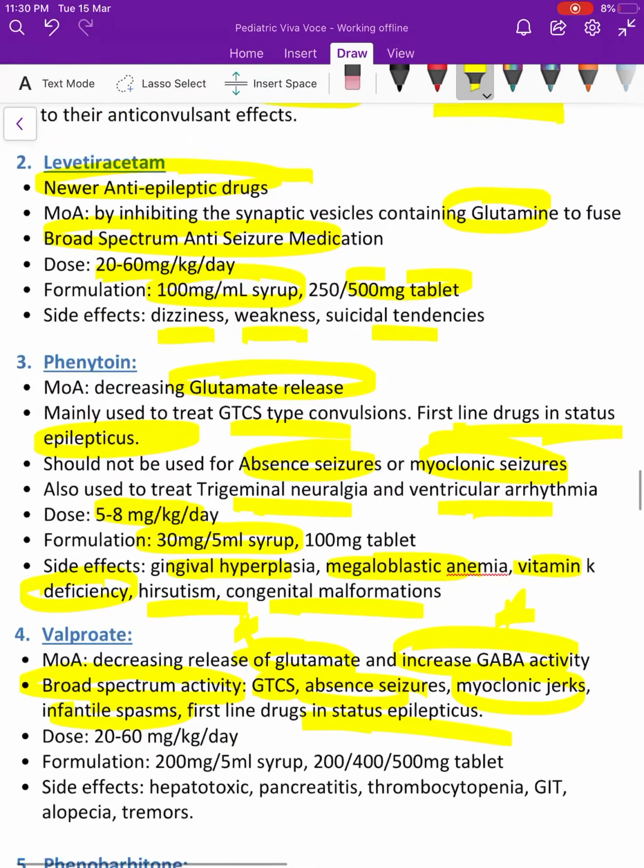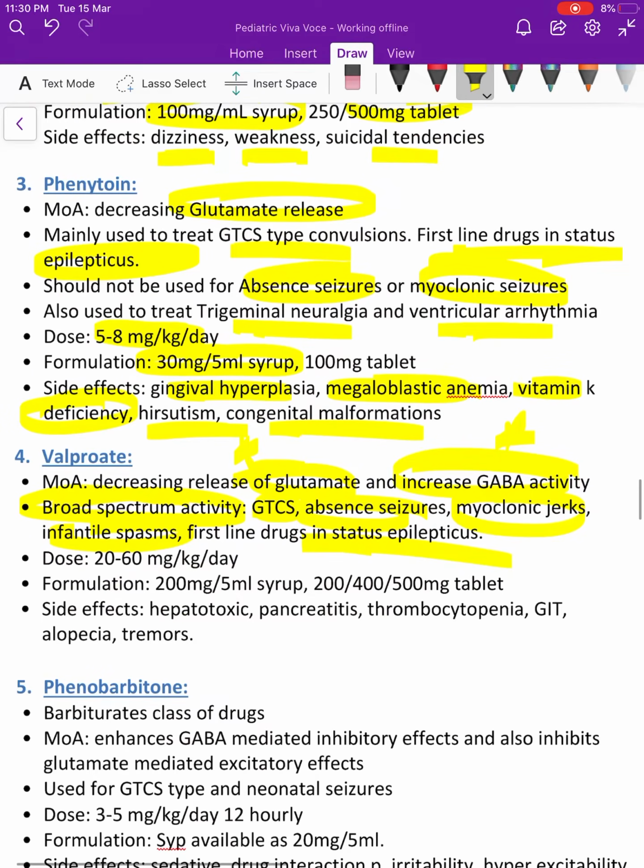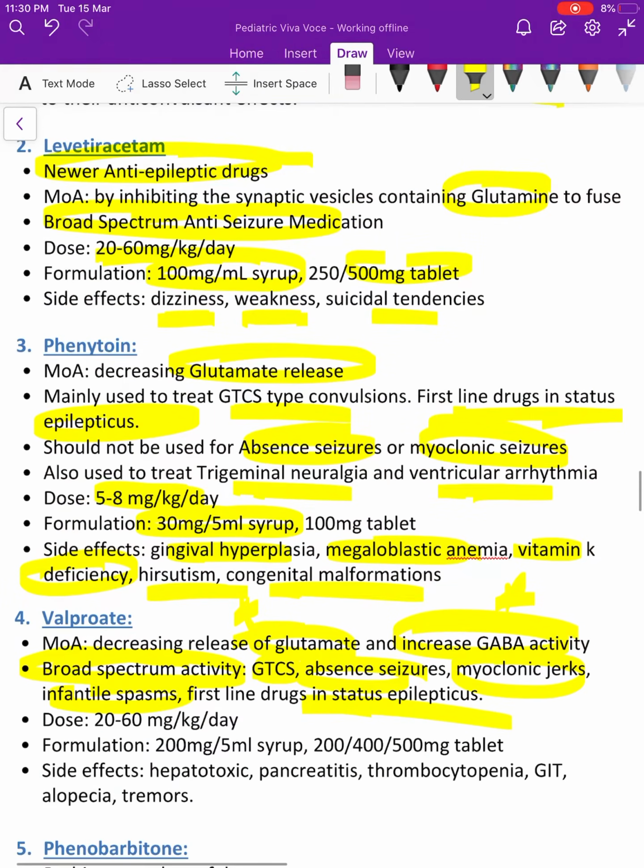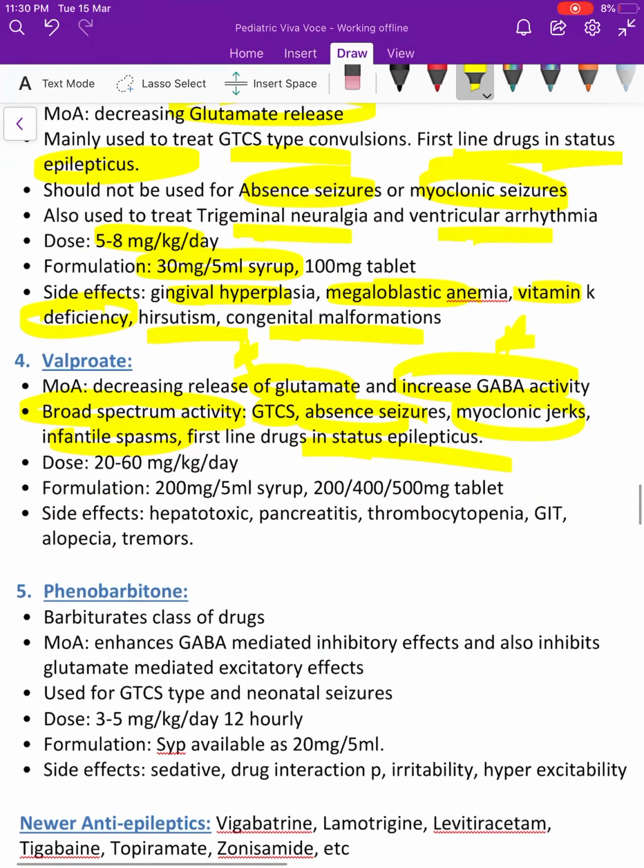Valproate and Levipil dosage will remain the same, and phenytoin and phenobarbitone dosage will remain the same. So an easier way to remember is that. Valproate will be the same as Levipil, 20 mg per kg per day. It is available as 200 mg per 5 ml syrup. Side effects can be hepatotoxicity, pancreatitis, thrombocytopenia, GIT problems, alopecia, and tremors.